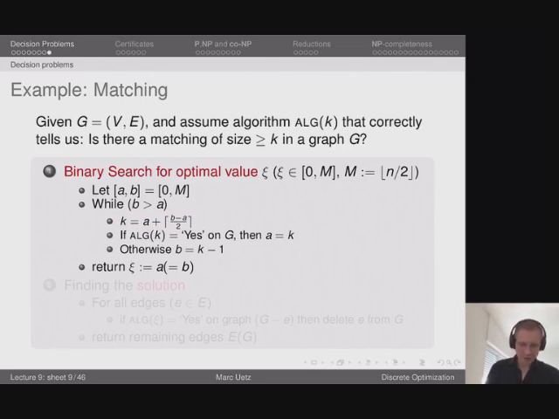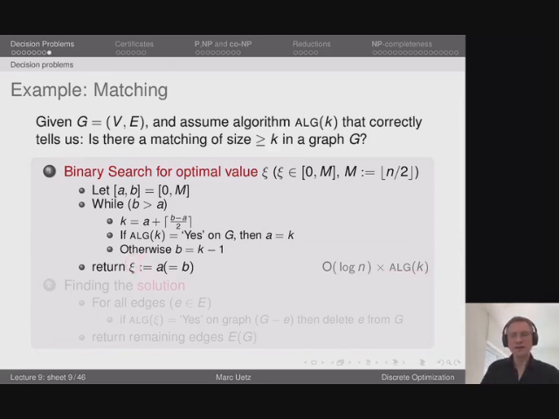Then, using this algorithm, we determine if we have to continue in the right part of the smaller intervals or in the left part. As I said, after log n many iterations, we will have found the optimum solution value. And this is still a polynomial computation time, because we assumed that our algorithm to solve the decision problem was a polynomial time algorithm.